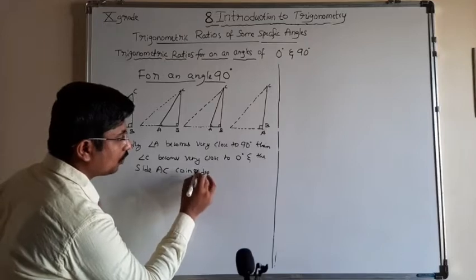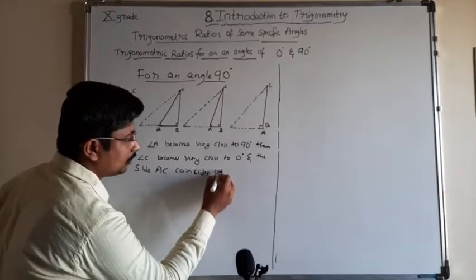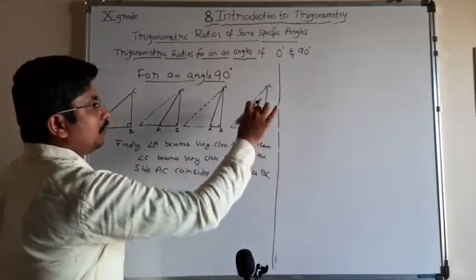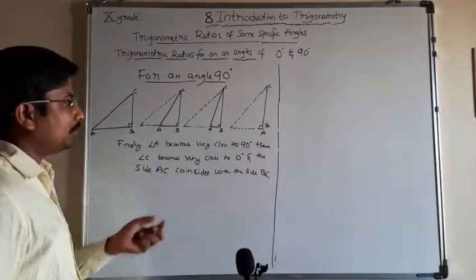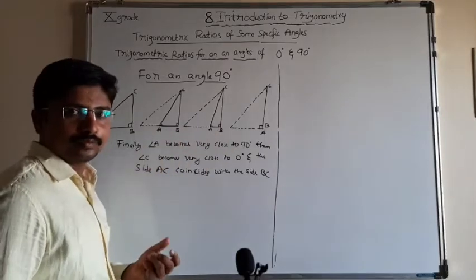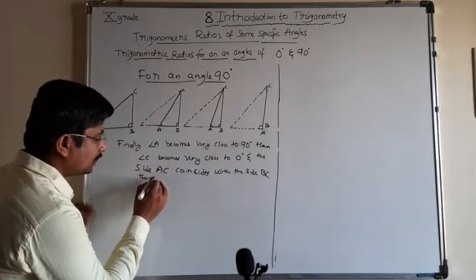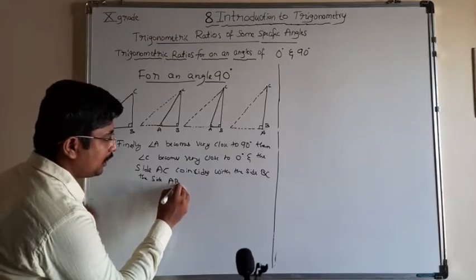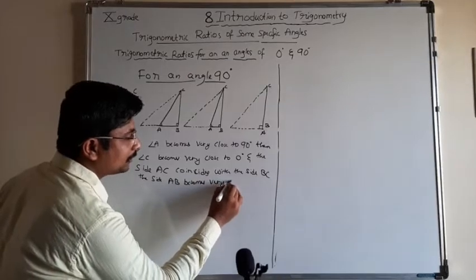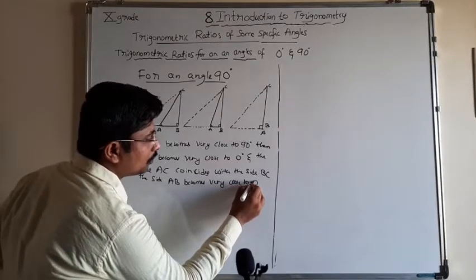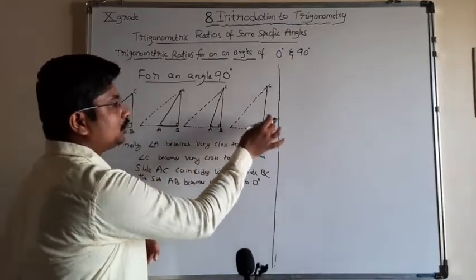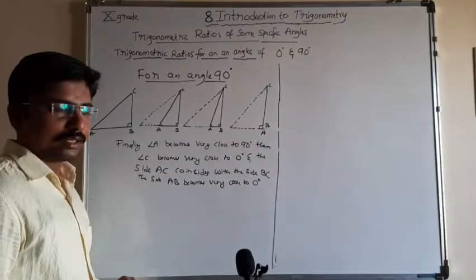Then what about the side AB? The side AB becomes very close to 0.